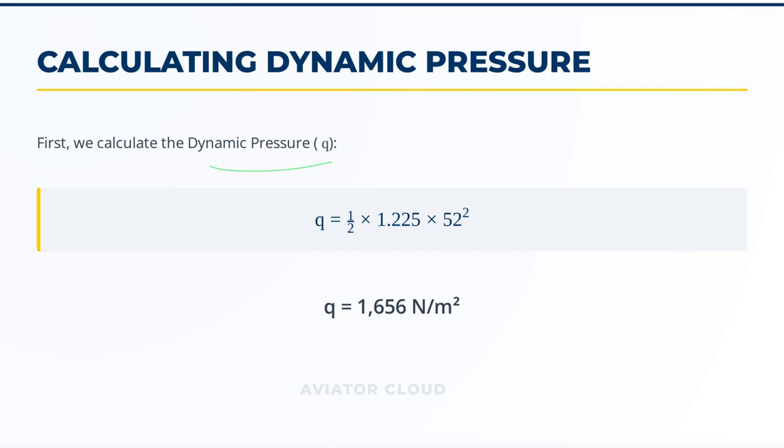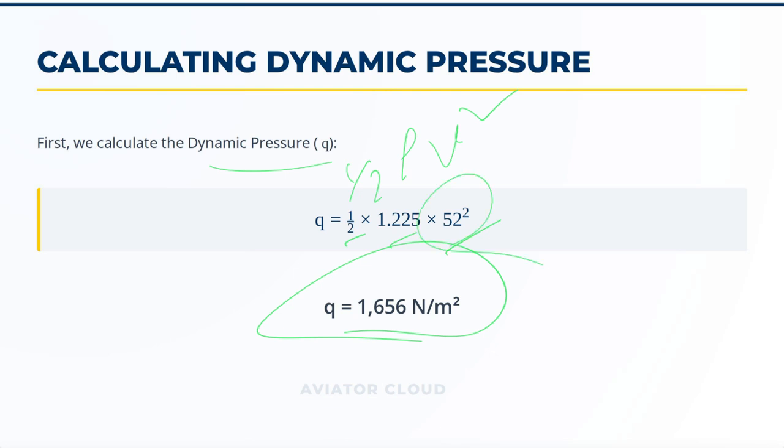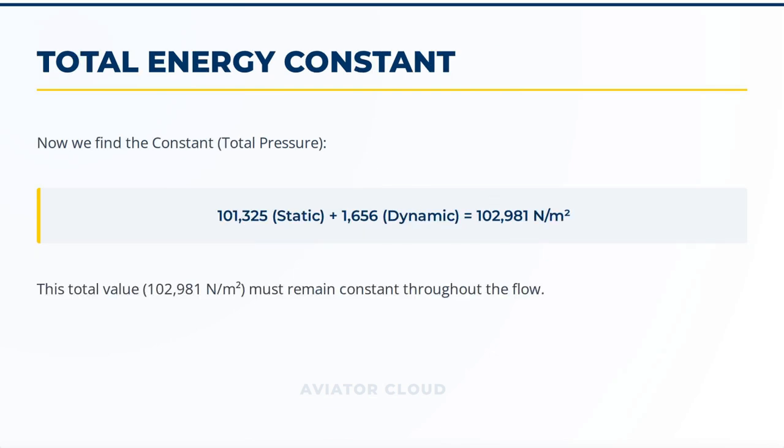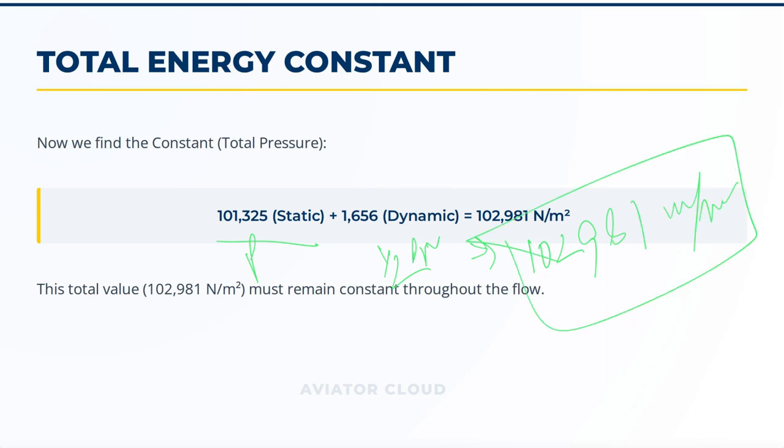Dynamic pressure will be half rho v square, so half rho v square is 1656 Newton per meter square. According to Bernoulli's principle, this is the static pressure, this is the dynamic pressure. Total is 102981 Newton per meter square. This has to be constant, right?